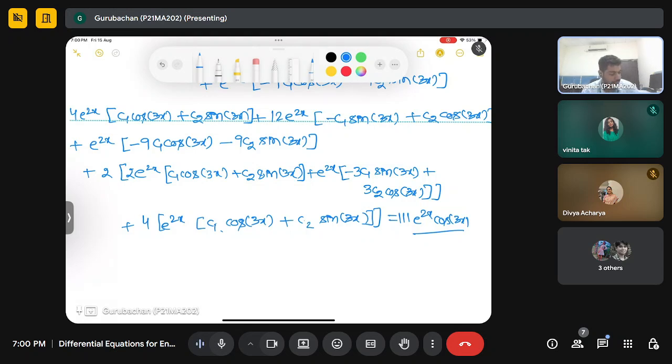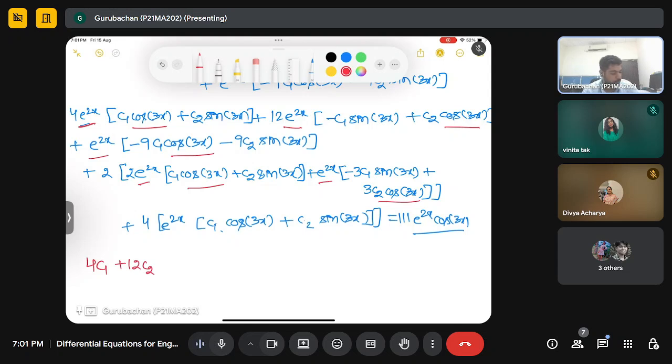So if I take here e to the power 2x cos 3x, first one is 4C1. Next 12C2.